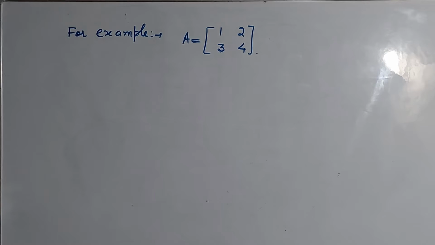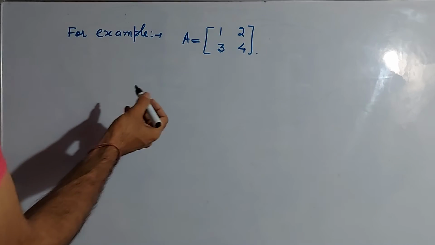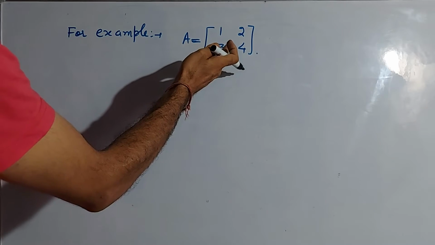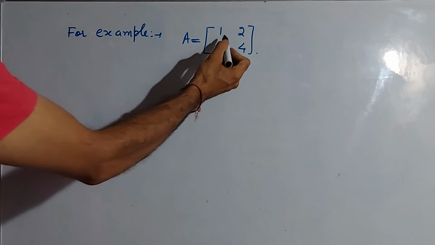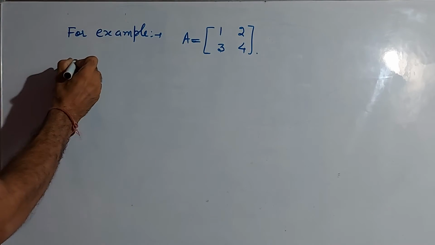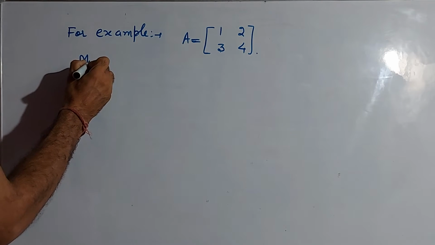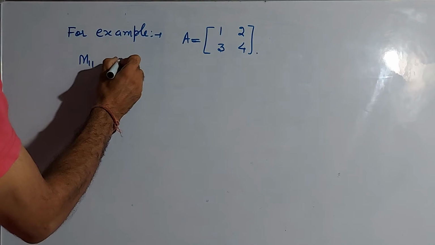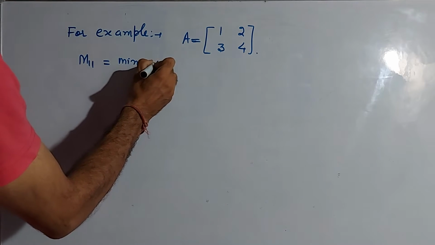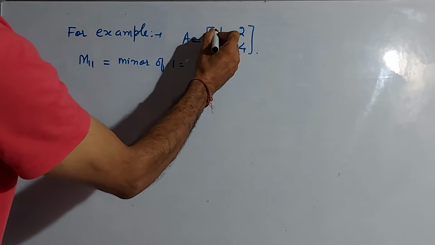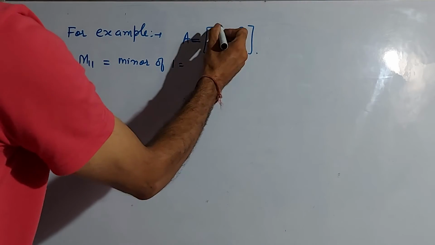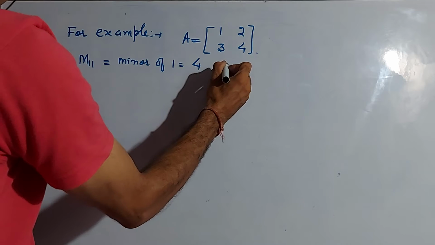We will understand the adjoint of a matrix with the help of this example. Suppose we are taking a 2 by 2 matrix whose elements are 1, 2, 3, 4. First of all, we will find the minors. M11, minor of element 1, we delete first row and first column, and after deleting we get 4.